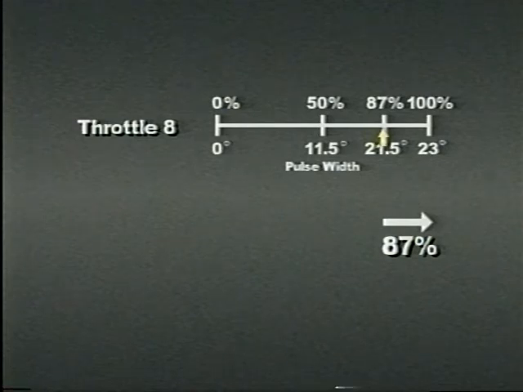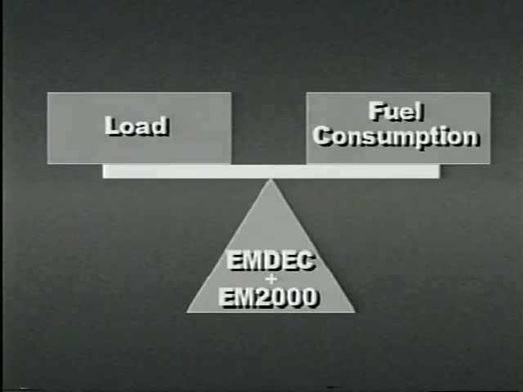When the signal reaches 87%, the EM2000 will reduce excitation or load on the generator as far as necessary to prevent EMDEC from exceeding the 87% figure. The EM2000 and EMDEC will work together to balance load and fuel consumption. The engine ratio signal is an excellent indication of engine performance for diagnostic purposes.